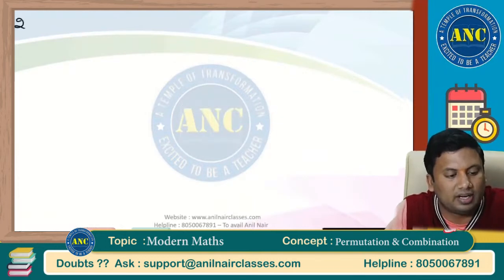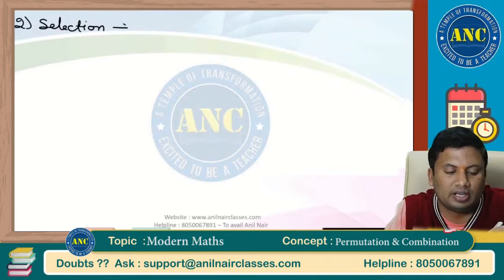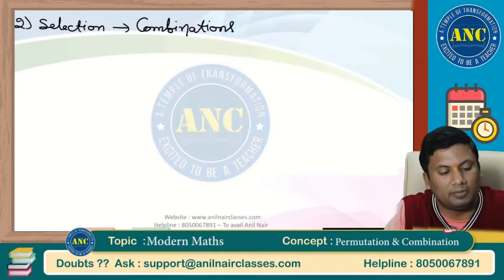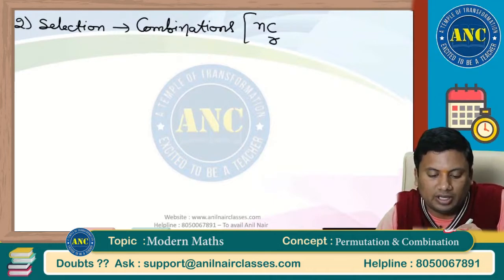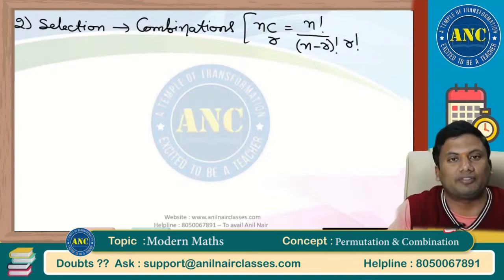And the second one is selection. Whenever there is a word selection, I will use combinations. Combinations are nothing but out of n objects, I need to select r objects. So it is nothing but n factorial by (n minus r) factorial into r factorial.